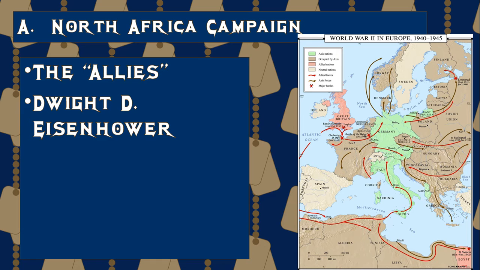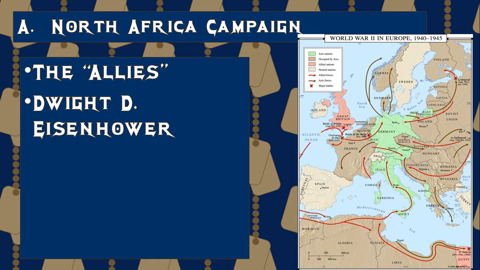This is the first big fight that will involve American troops. That's why, in the grand scheme of things for the United States, it stands out as significant. The Big Three decided that this would be the first place they would go in trying to roll back the German advance, that North Africa would be the first place to choose. It's a complicated situation.